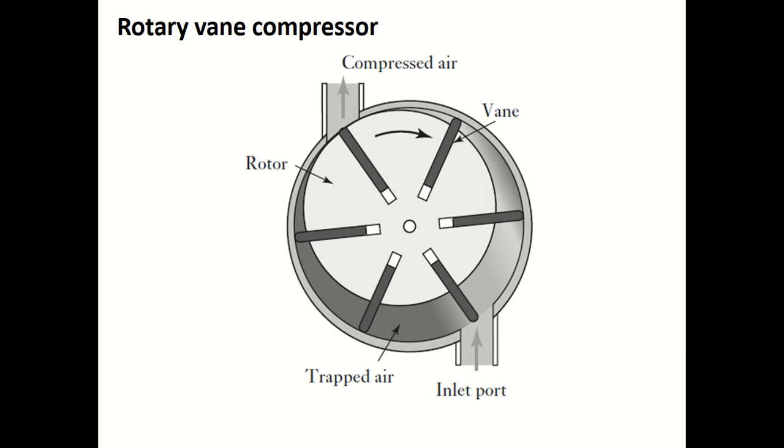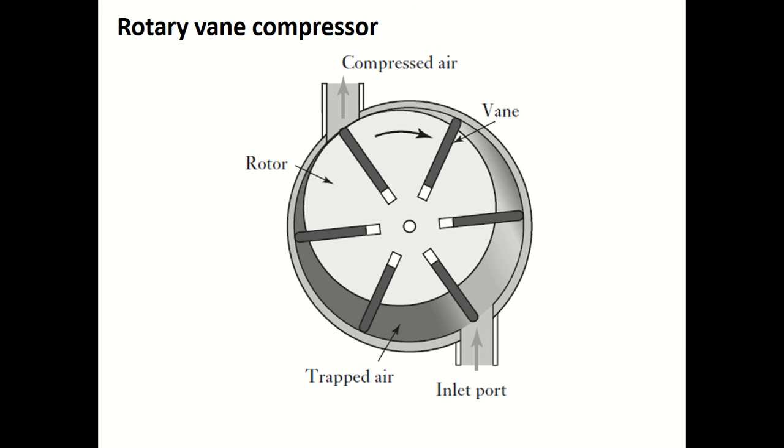The compressed packets of air are then discharged from the discharge port. A single stage rotary vane compressor can typically be used for pressures up to about 800 kPa, with flow rates of the order of 0.3 meter cube per minute to 30 meter cube per minute free air delivery.